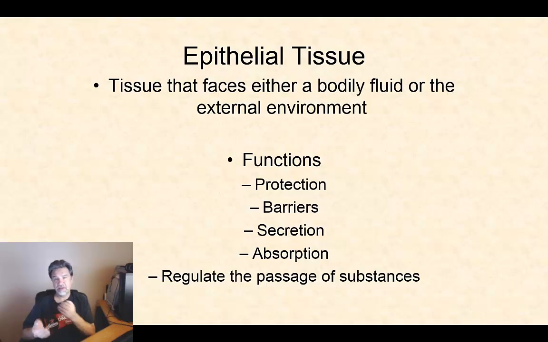And then finally, they permit the passage of substances, and we're going to see how that works, particularly in, say, the brain area. We have an area called the blood-brain barrier, and we'll see how epithelia function there to protect the brain and other tissues that are inside that barrier.